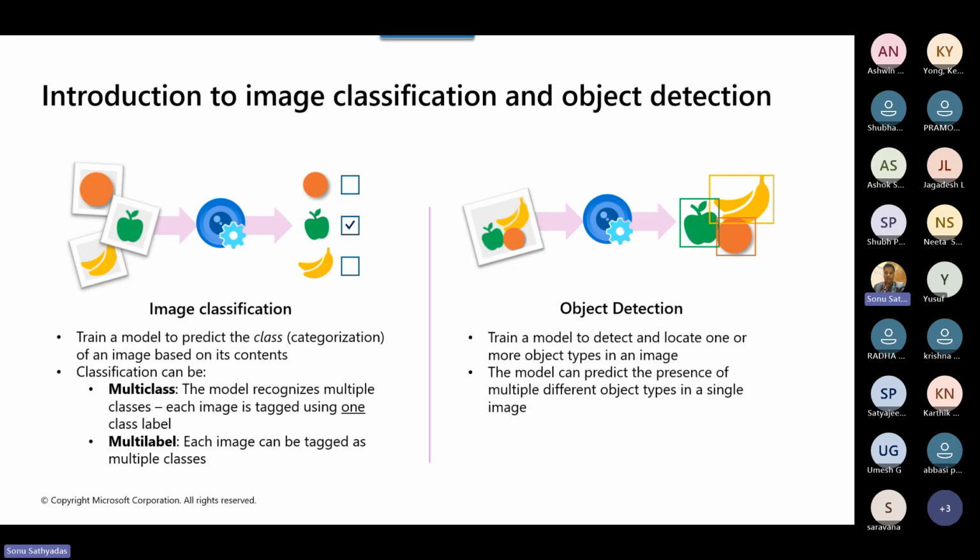So custom vision models provide image classification as well as object detection. So image classification, I have already explained, is that we upload the picture of an object and it says, okay, it belongs to this particular category. That is a classification. Okay.